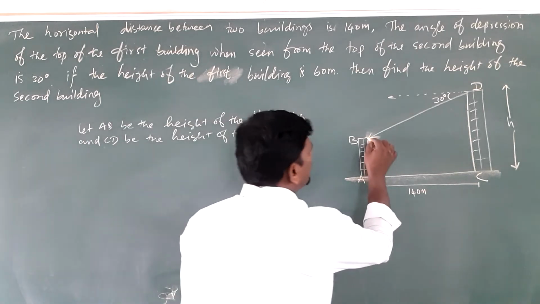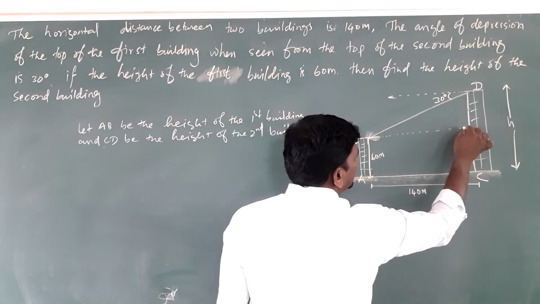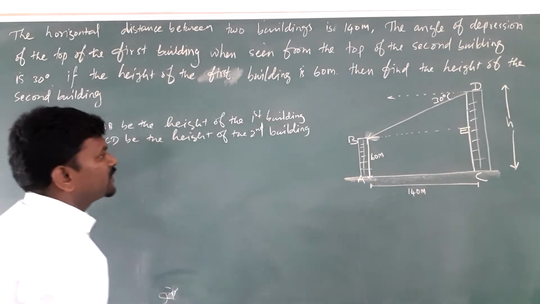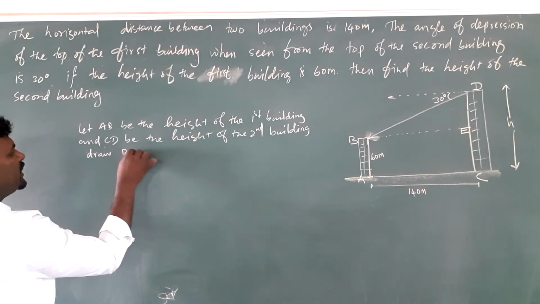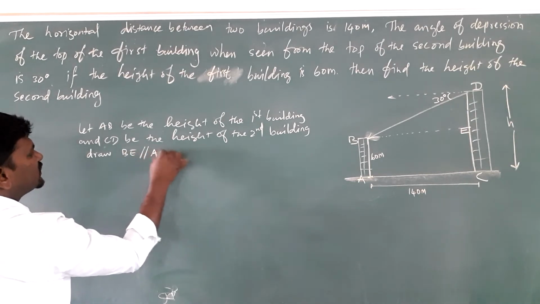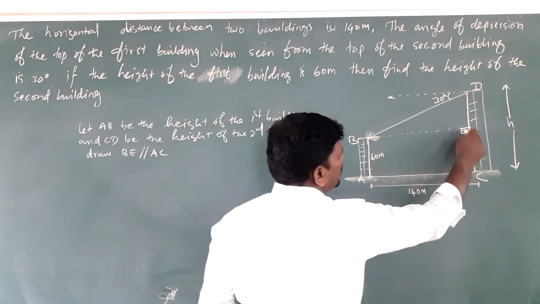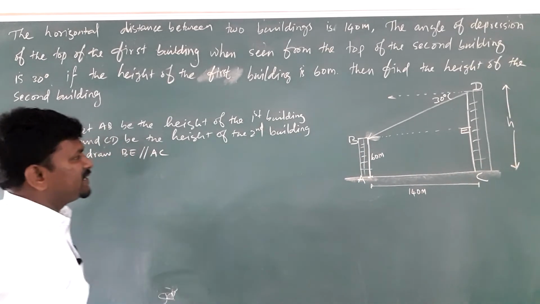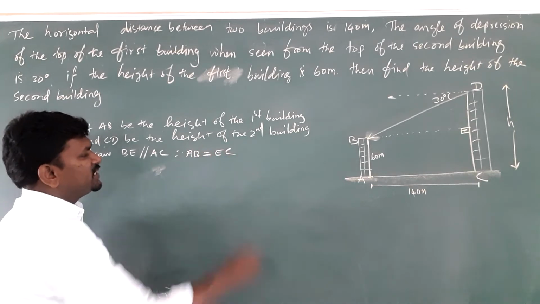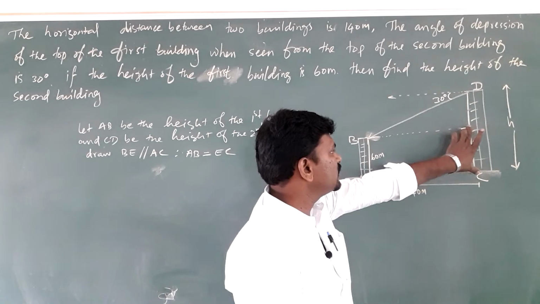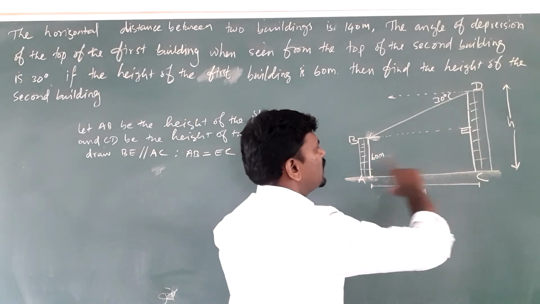Okay, if we draw a parallel line, this can be E. Draw BE parallel to AC. Okay, we have drawn BE parallel to AC. So what will be the length of EC? Therefore, AB is equal to EC. The lengths of AB and EC are the same because these are parallel lines.